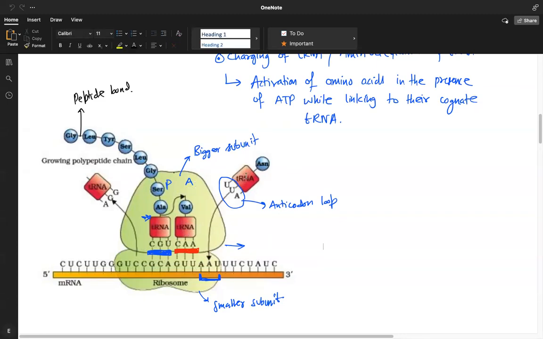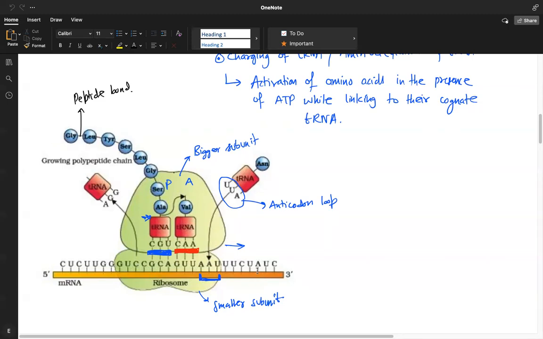Then a new tRNA comes and sits at the A site, and the tRNA at the P site transfers the polypeptide chain to the tRNA at the A site, forming a peptide bond between the two amino acids. And this continues until a long polypeptide chain is formed.